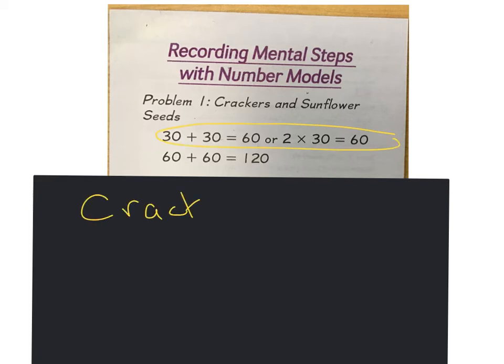But now I need to figure out the rest of the problem, because I need to know the cost of the crackers and sunflower seeds. So I'm going to take that 60 and I'm going to add it to the cost of the sunflower seeds. And again, the cost of the sunflower seeds is 60.